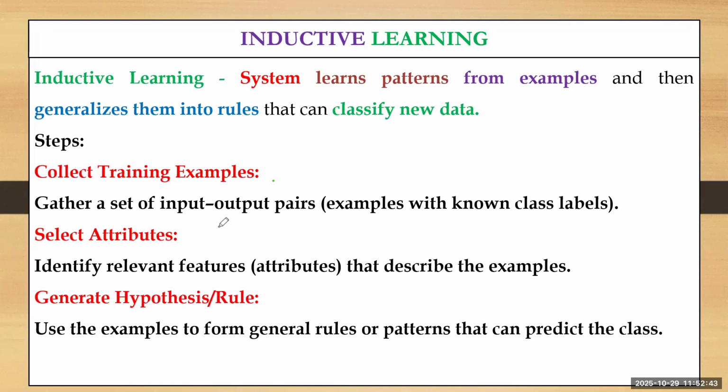Let's say this example. Suppose you are writing the AI external exam, and you collected data related to the CSE. That means you collected data related to DBMS, OS, AI, and data structures.